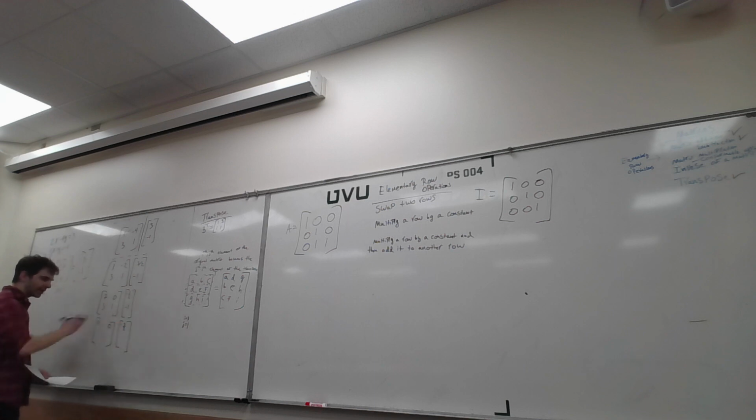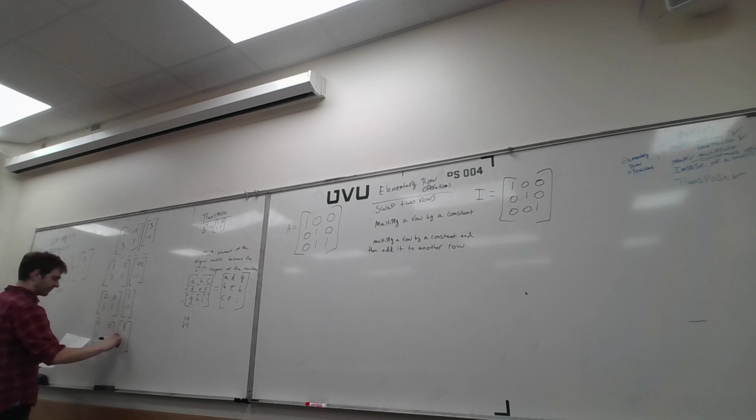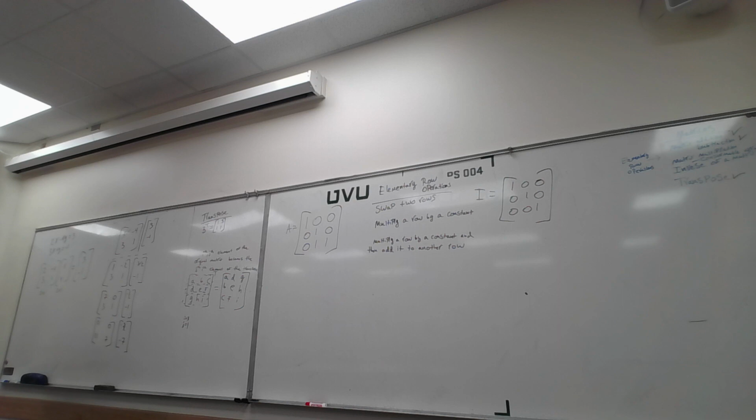Technically we do these all at one time, but because I'm running out of space, I'm going to do the same thing to the bottom row. I'll multiply that one by 7, so that I get 21, 7, negative 7. Everybody with me?